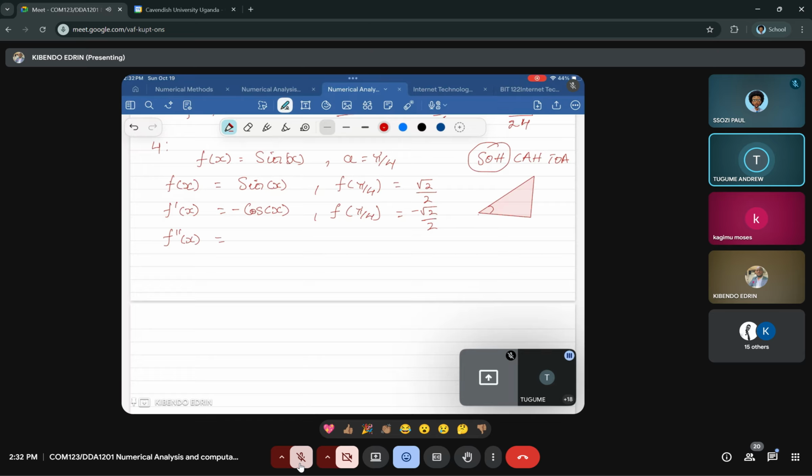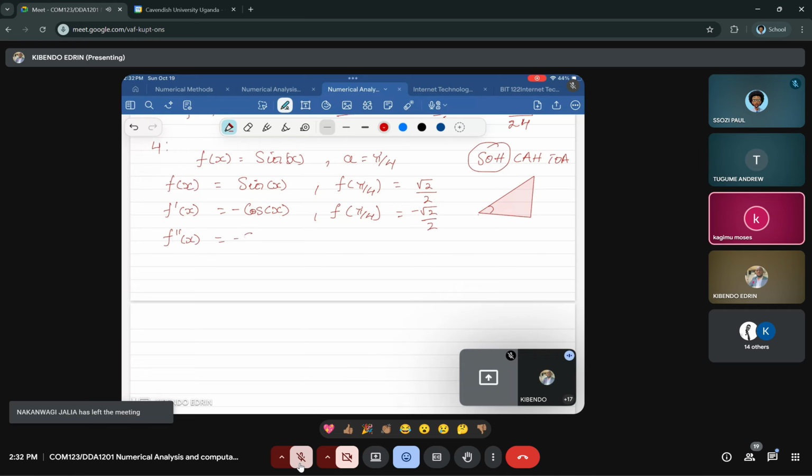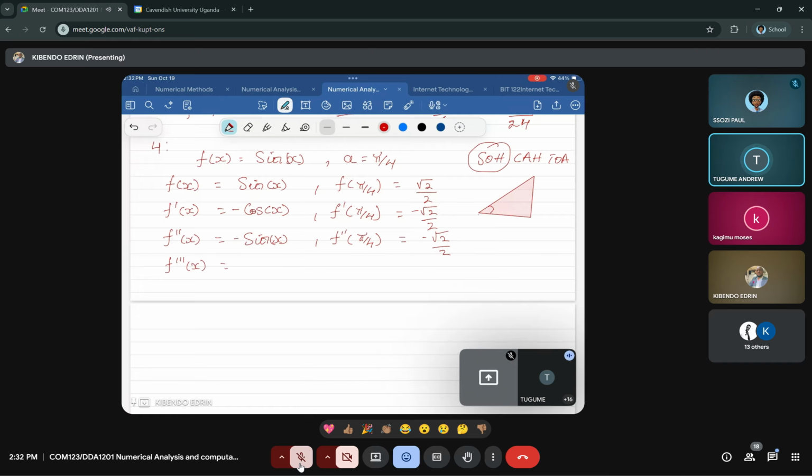Then that is negative sine x, which is equal to negative root 2 out of 2. And that's cos x, which is root 2 out of 2.